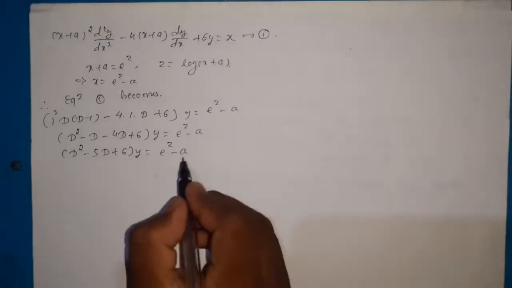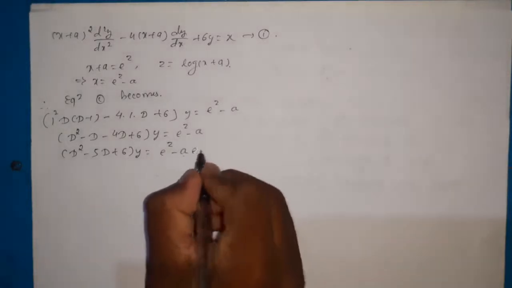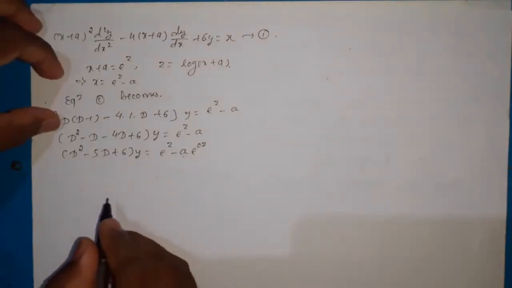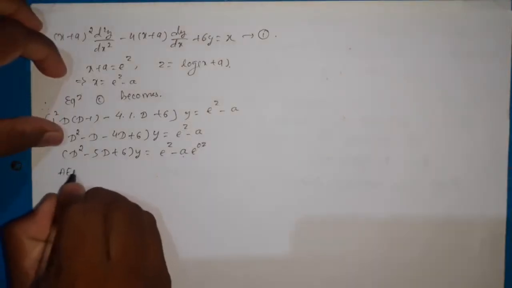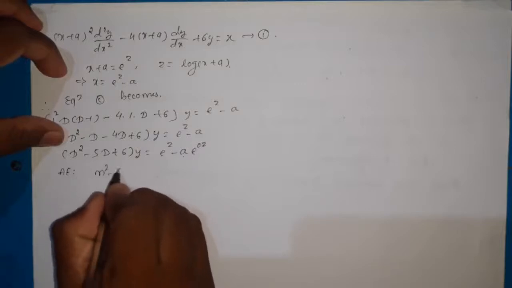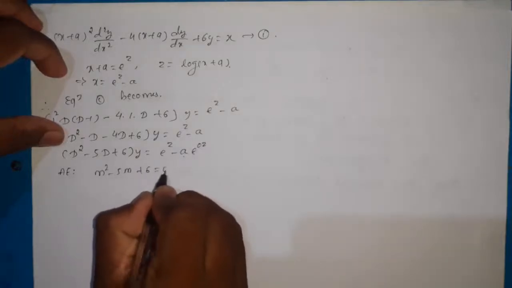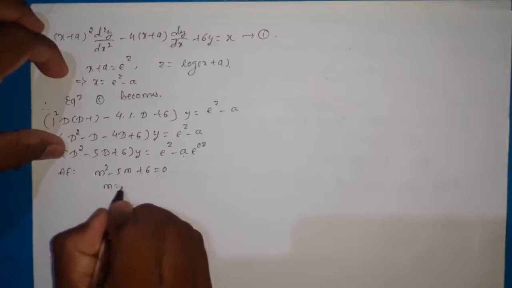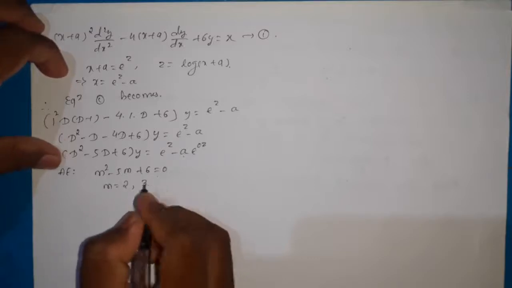So here this a can be written as a into e power 0z, because e power 0z is 1. So that will be easy to find the particular integral. So now auxiliary equation is m square minus 5m plus 6 equal to 0. So now we got the roots as m equal to 2 and 3.